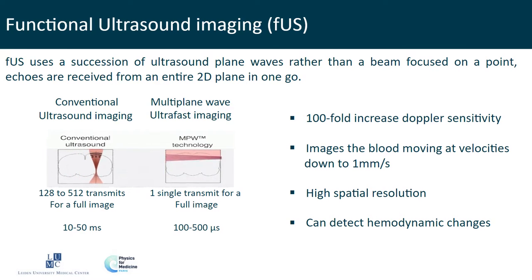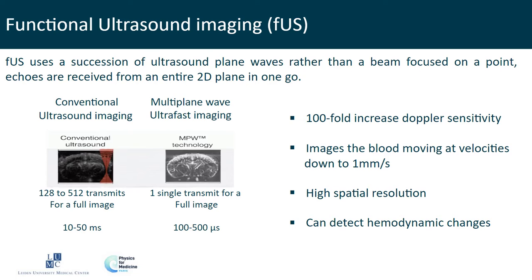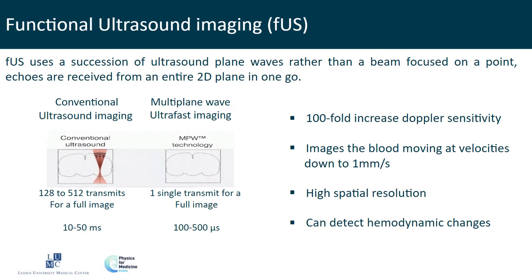This increases the Doppler sensitivity by 100-fold, and you can detect blood flow at velocities down to 1 millimeter per second, which is at the capillary level. You have a high spatial resolution, and you can detect hemodynamic changes.